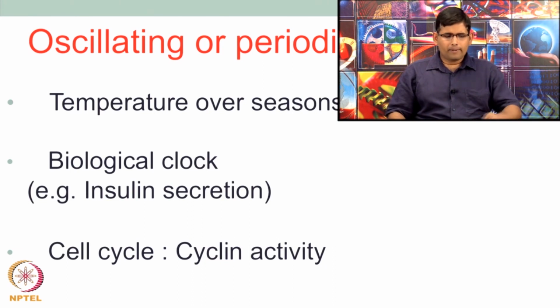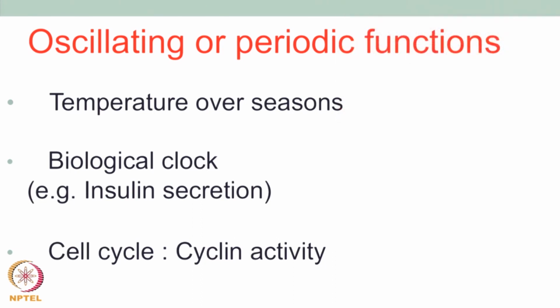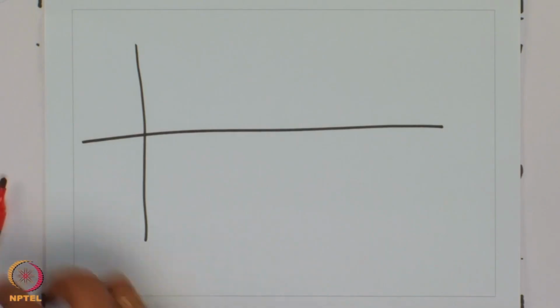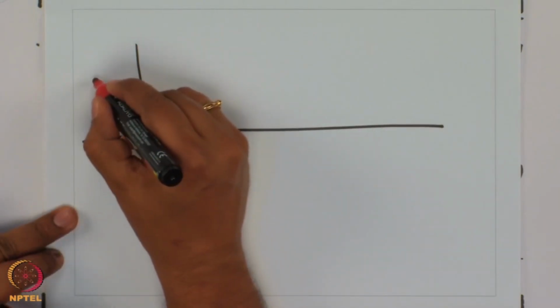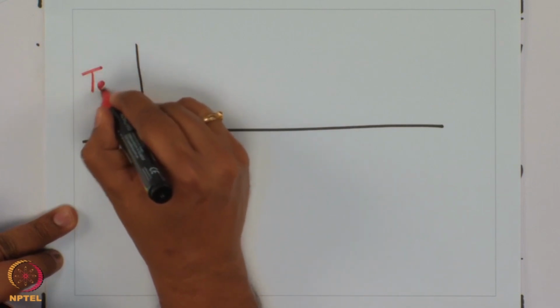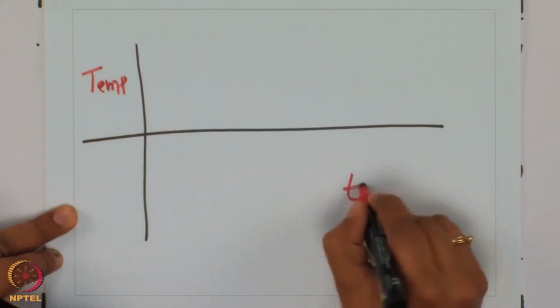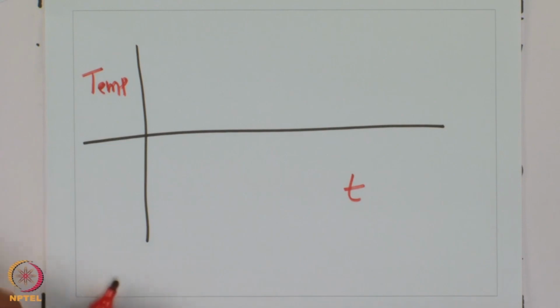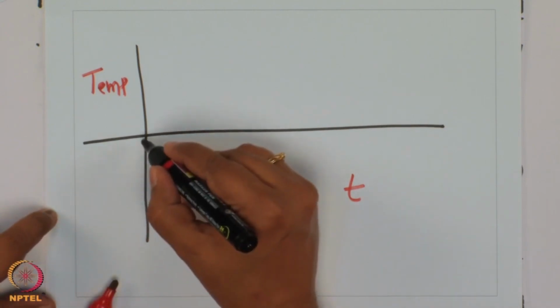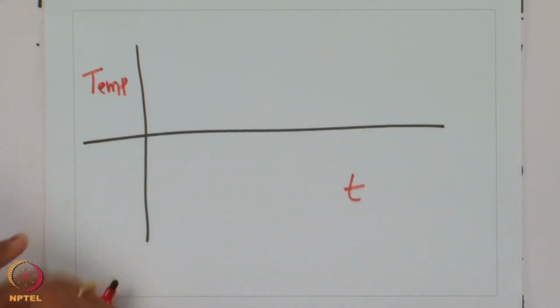So if you plot temperature as a function of time, seasons, you will surely see some interesting curves. So I urge you to do this. All of you should plot. If you plot temperature on the y-axis and time in months on the x-axis, you see that in winter you will have a small temperature and then it will increase and then again decrease and so on.